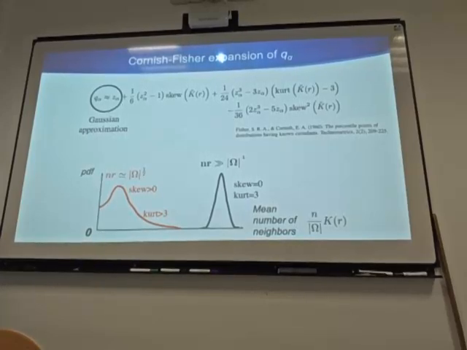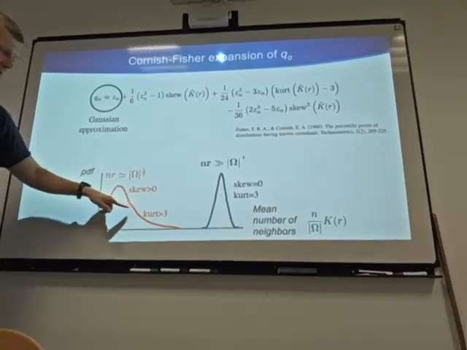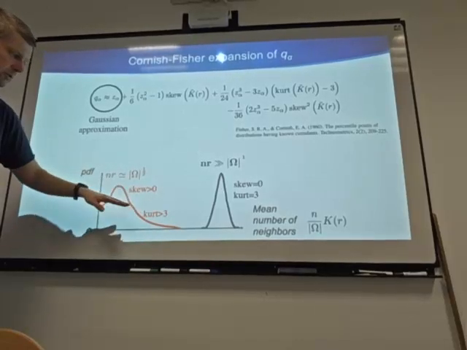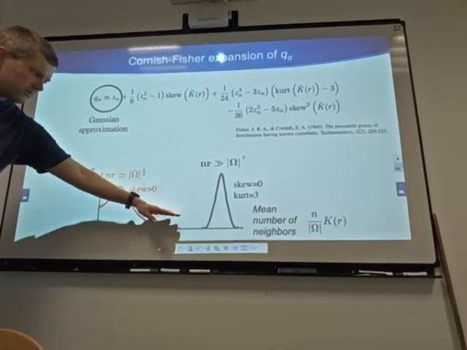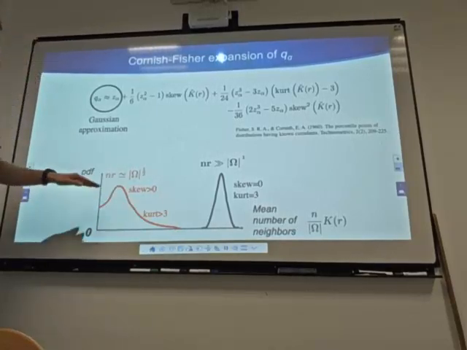And this type of approximation is largely used in finance modeling, because typically, for example, if you look at the value of a stock, something that cannot be too negative, usually you have a kurtosis that is a heavy tail distribution, because you can have large positive values, not so negative, and the skewness of the distribution.